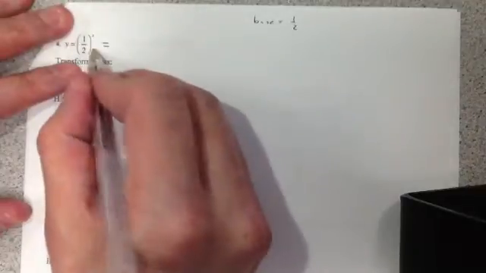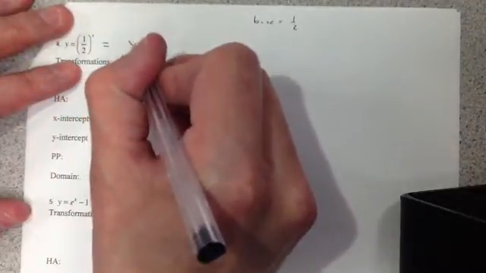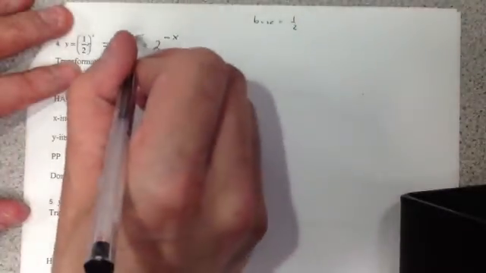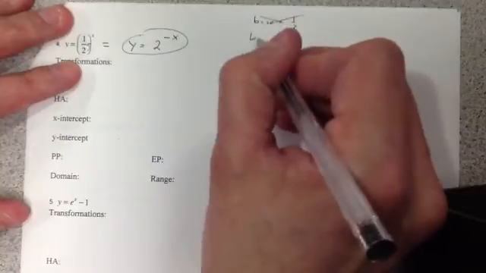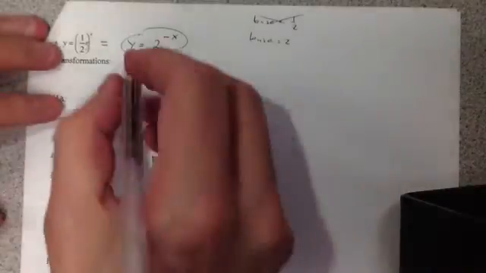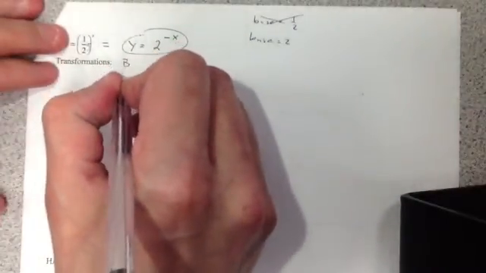Use your exponential rules. I can write this as y equals 2 to the negative x. Just bring the 2 up and make the exponent negative. And this is what I'm going to be graphing, so now I have a base of 2. And it's the same exact graph, it's just going to look nicer for us when we transform it and graph it. So let's list out our b hack.